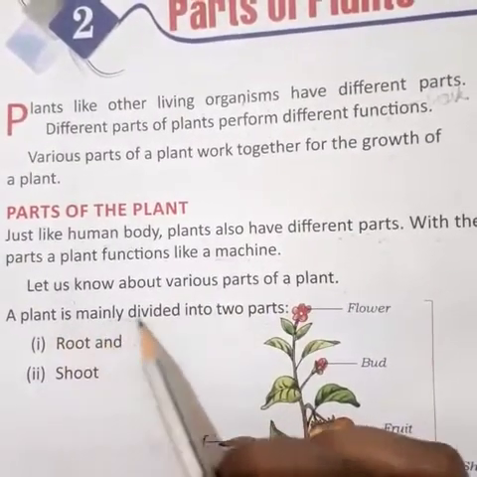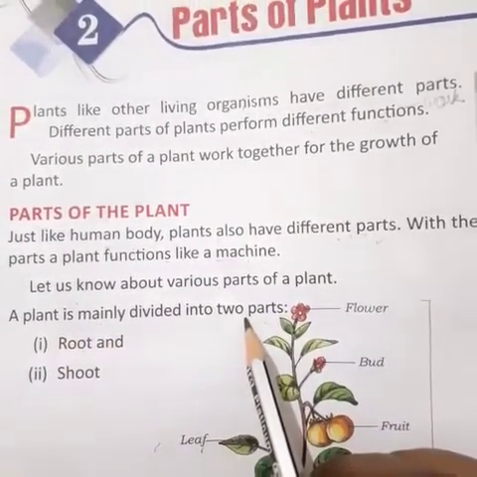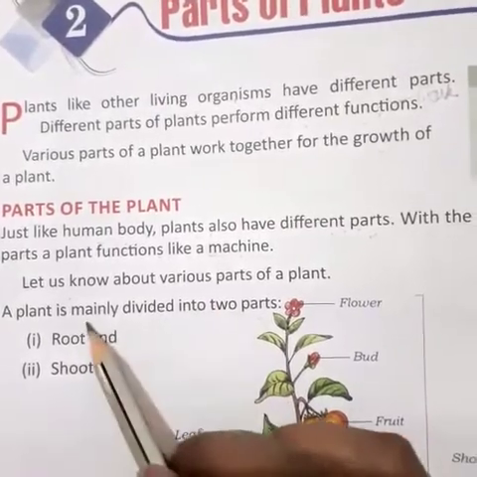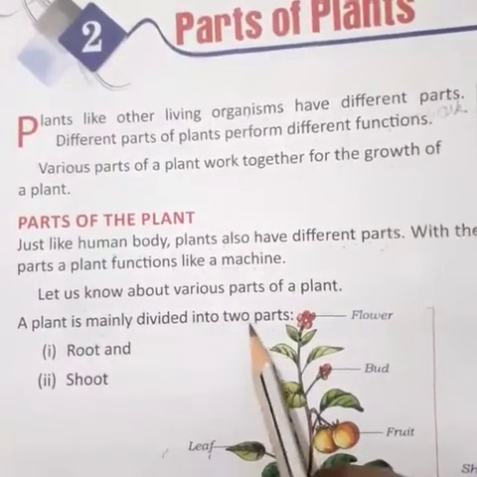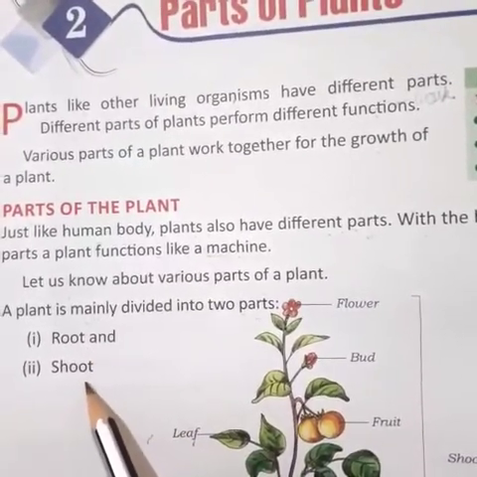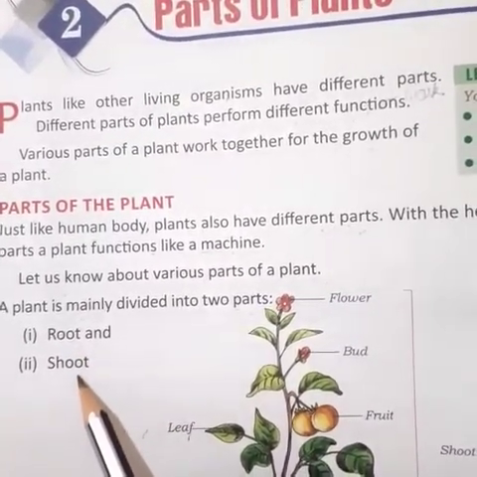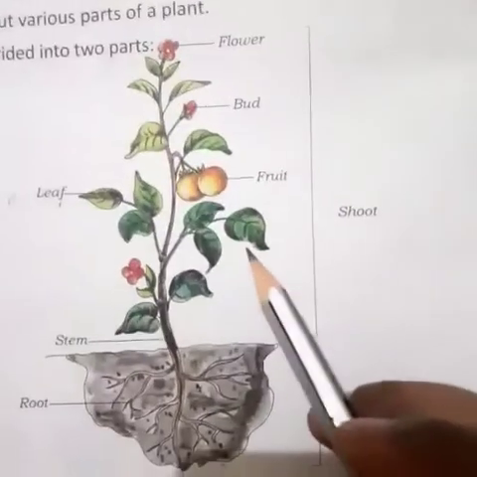A plant is mainly divided into two parts. How many parts? Two parts. Root and shoot. Look at the picture carefully.